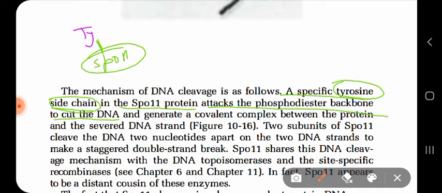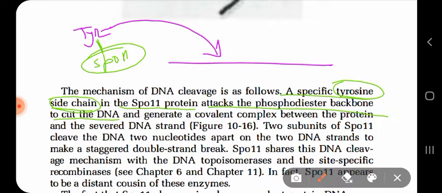Obviously all proteins are made up of amino acids. The side chain of this tyrosine will cleave the phosphodiester backbone to cut the DNA and generate a covalent complex between the protein and the DNA strand.